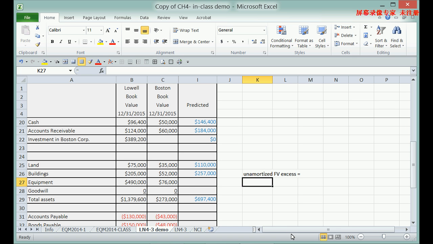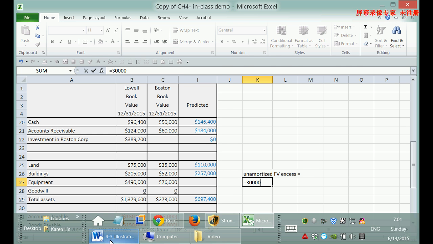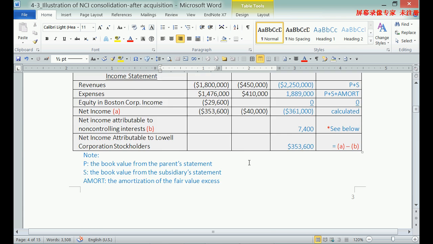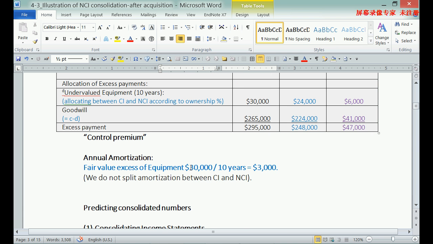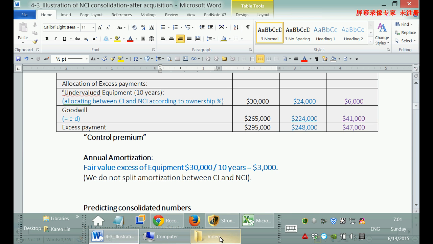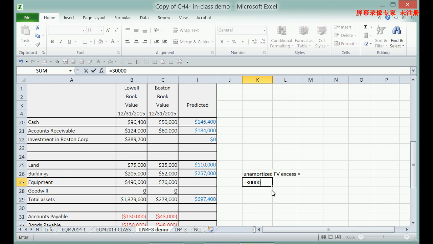How do we calculate that? That would be the 30,000 original fair value excess. Every year 3,000 is taken. Now remember, this company was taken over on March the 1st, so for 2014 it's only 3,000 multiplied by 10 months out of 12 months. That's 2014. For 2015 it's the whole 3,000, because that's 12 months.